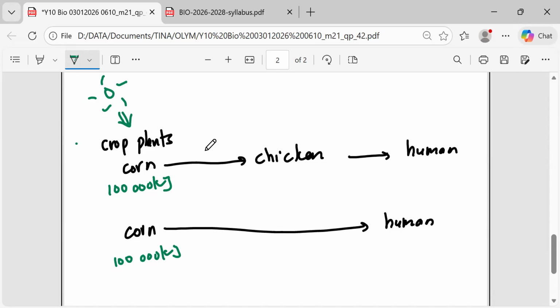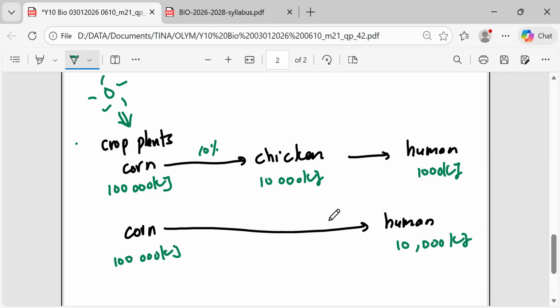So if only 10% passes down, here will be 10,000 kilojoules. And by the time it reaches human, it's only 1,000 kilojoules. But from corn straight to human is 10,000. You don't waste. You waste a lot to hatch a chicken, grow a chicken. It takes months and months, so much corn to grow that chicken to adulthood and then eat the chicken. So the explanation is same as above.